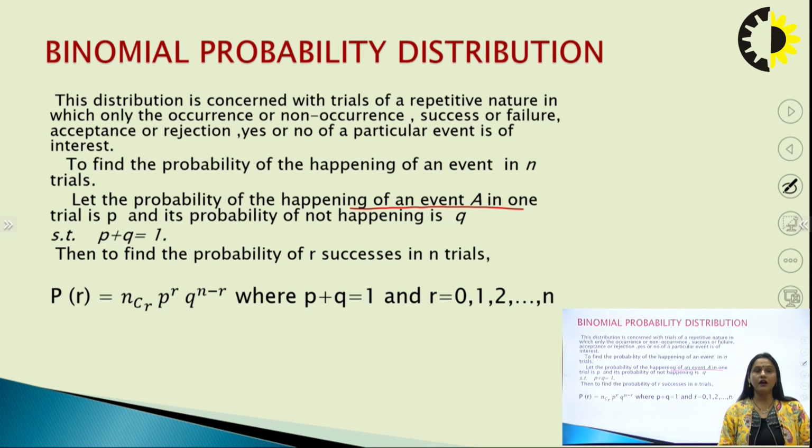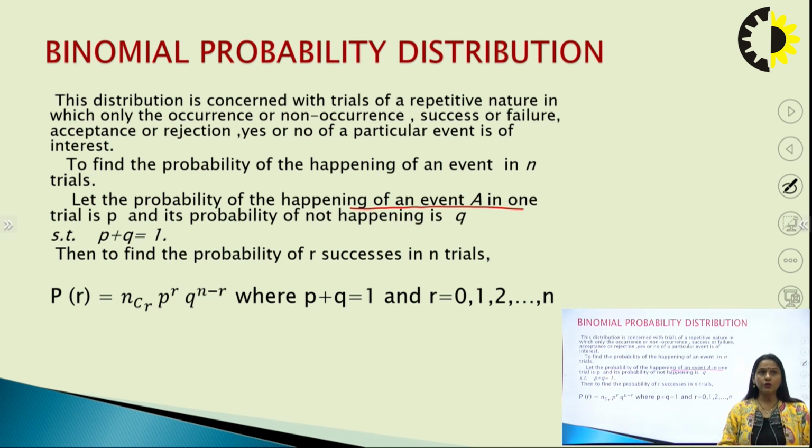So we generally assume that p plus q is equal to 1, because an event will either happen or not happen. If it happens, the total probability will be equal to 1, and if it does not happen, then there will be no event.